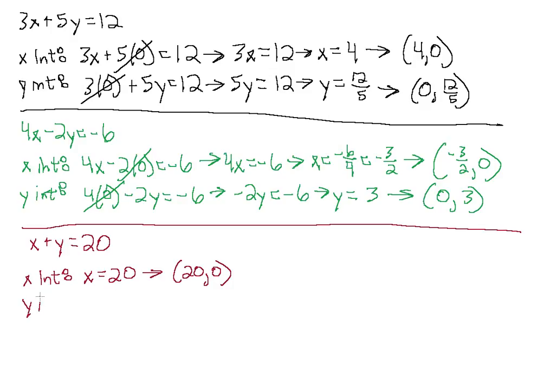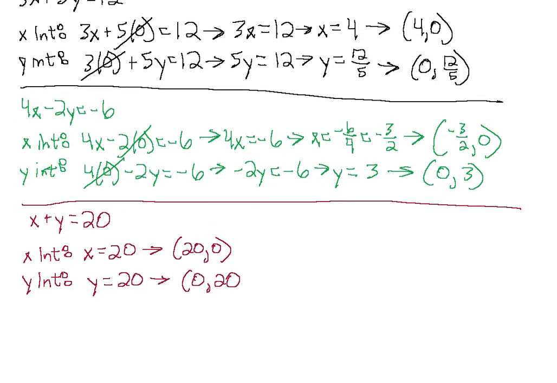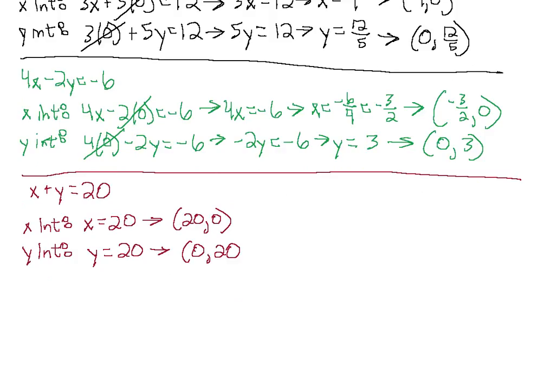And our y-intercept is actually going to be just the same thing. We're plugging in 0 for x, so y is going to also equal 20. So our y-intercept will be 0, 20. Okay, that one was pretty much solved already. We just want to make sure that we're plugging in 0 for the correct variable. And as long as we do that, then we should not make any mistakes.